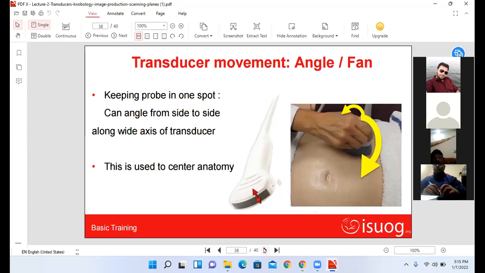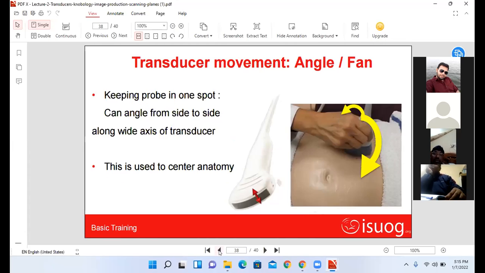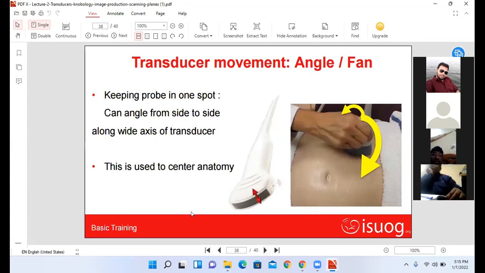For example, if the fetal spine is anterior, when I am putting the probe in the middle of the abdomen, I slide my transducer toward the left or right and bring it into focus. These movements are very important, but we are going to talk in greater detail during hands-on, and during hands-on these things will be very important.